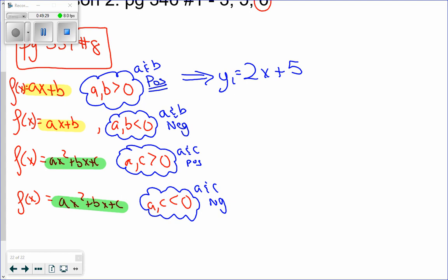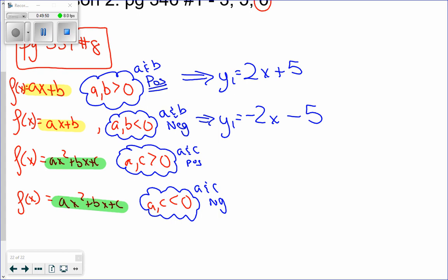For this one, you have to pick a negative A and a negative B. So negative 2x subtract 5, or plus negative 5. I don't care how you do it. And that one, you should get graph 8.